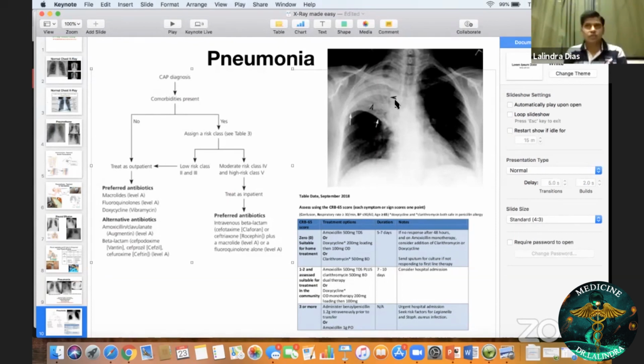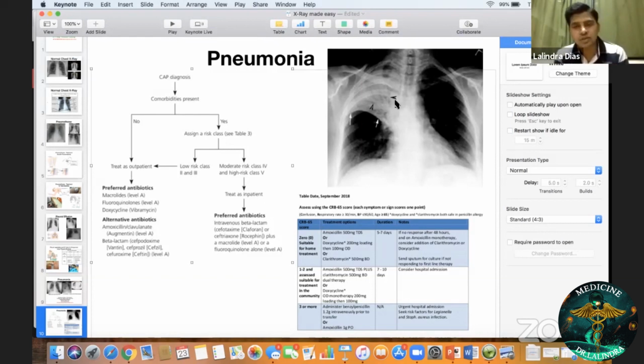So we go for a combination of either ceftriaxone plus clarithromycin, or we go for co-amoxiclav, that is amoxicillin plus clavulanic acid, co-amoxiclav 1.2 grams 8 hourly, plus clarithromycin.